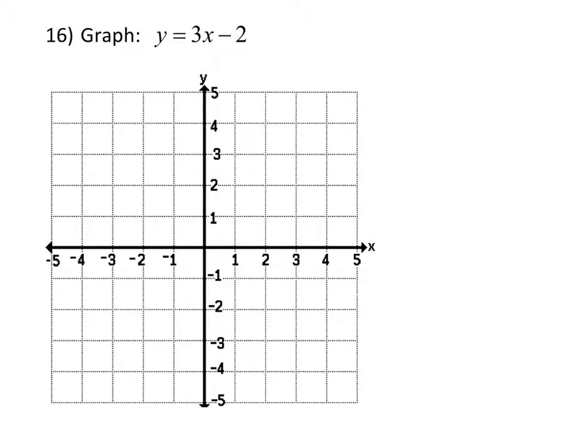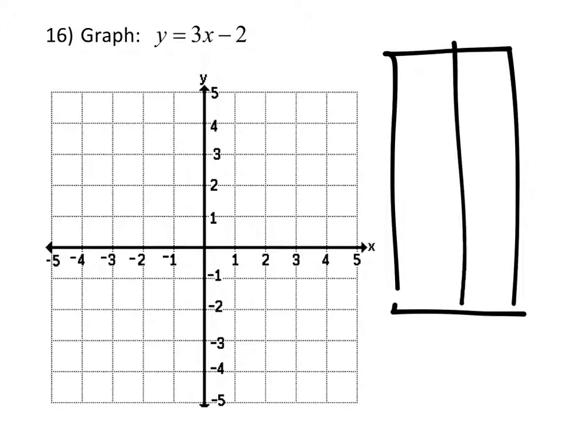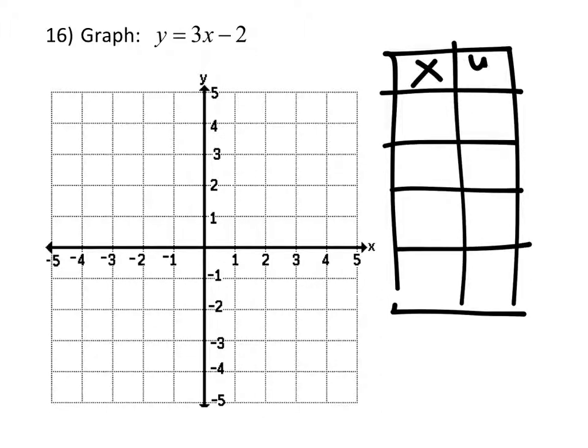And again, for this one, we want to make a table, right? So then we get to just choose the values. Now for this one though, since we have y equals 3x minus 2, it will be easier for us to choose x because if we just plug x into that equation there, we'll have solved for y after we do some operations.